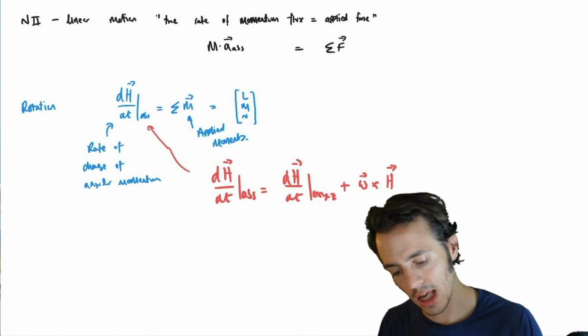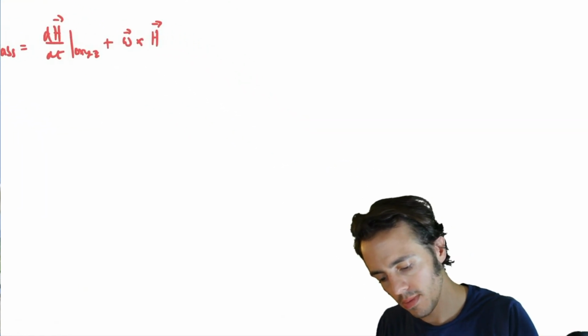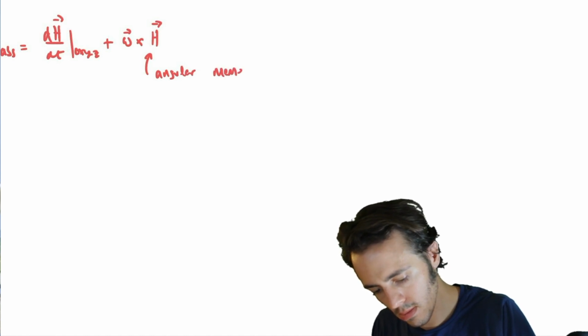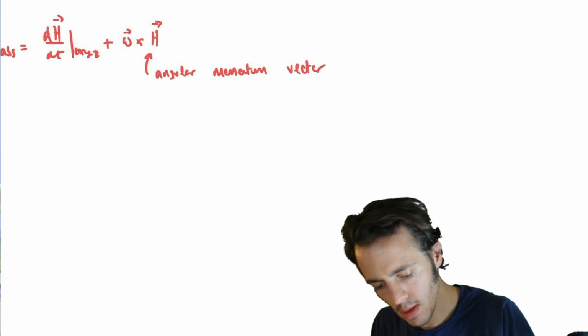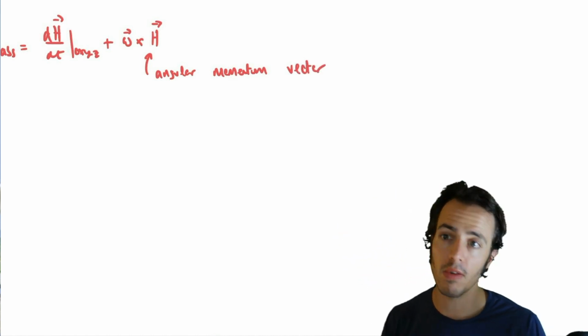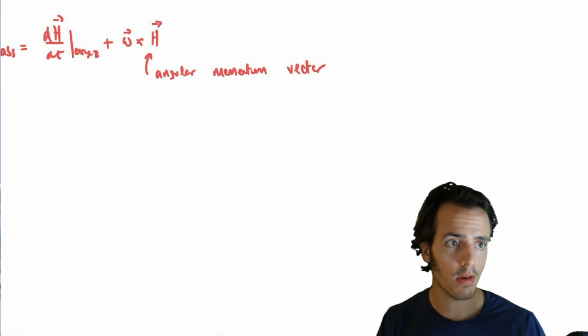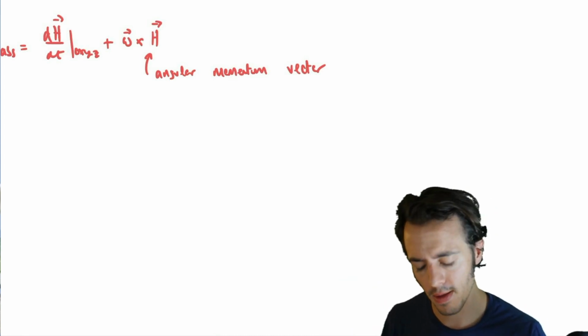So h is our angular momentum vector. Angular momentum sometimes has different symbols in physics, but we're going to stick with h for aerospace because that's what helps us in the subject.